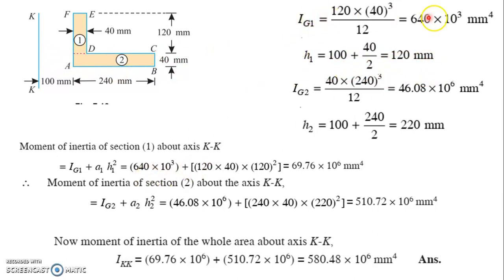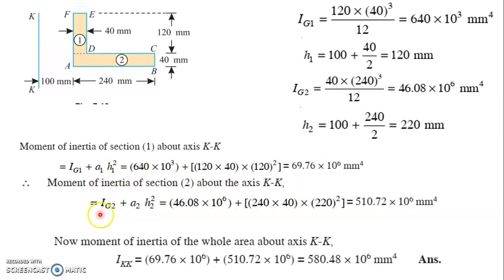So IG we have calculated, H we have calculated. A you can directly calculate, 40 into 120. So IG plus A, 40 into 120, gives the area of section, and H is equal to 120. That is the moment of inertia of the first section. Then the moment of inertia of the second section.